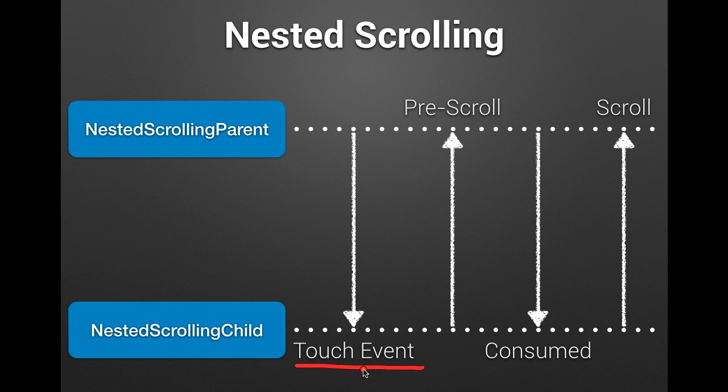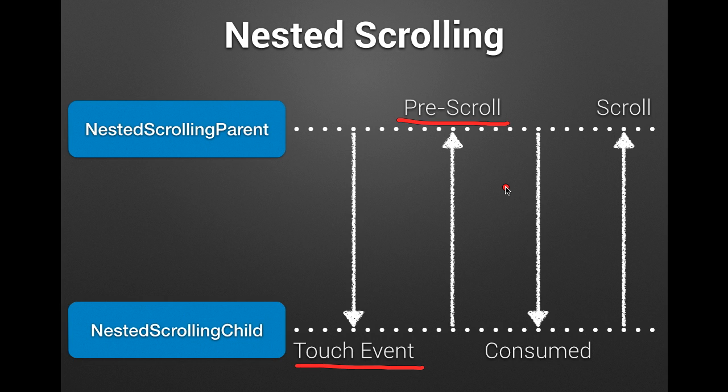So those touch events are going to come down, but instead of what would traditionally be the behavior, where as the user moves their finger the RecyclerView just takes all those events and scrolls, as soon as it detects that the user is scrolling, the very first thing it does is call back to its parent with a pre-scroll event. It hasn't actually moved yet. It hasn't scrolled anything. It just calls back to the parent and says, hey, there's a scroll gesture going on. This is how far the finger's moved. Did you want to do anything with that? And the parent has the opportunity to take over that gesture if they want.